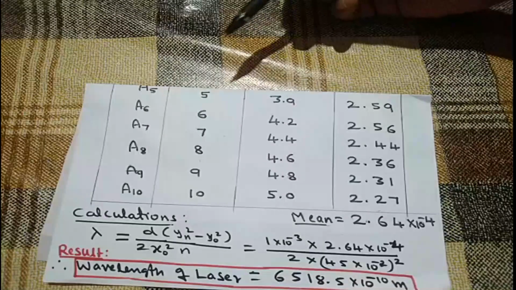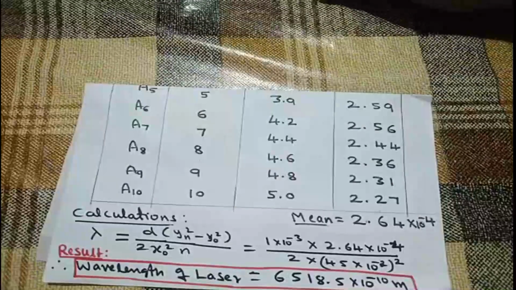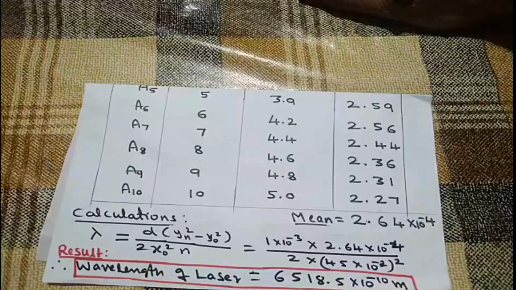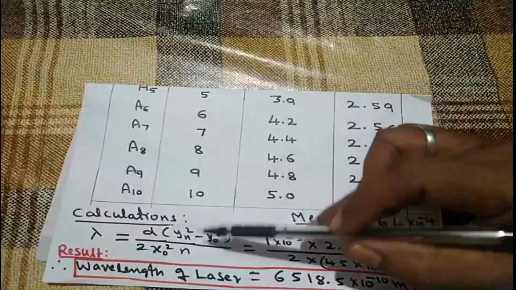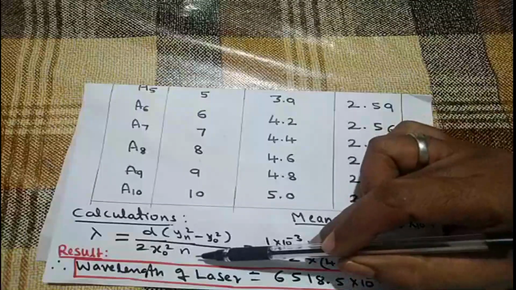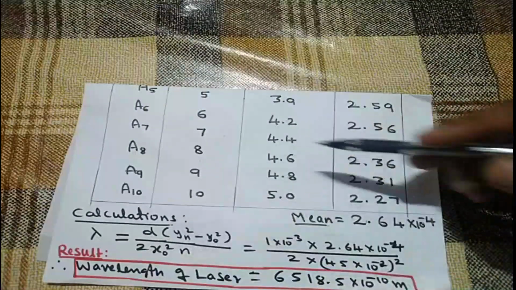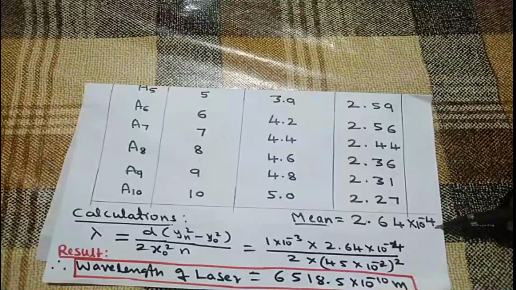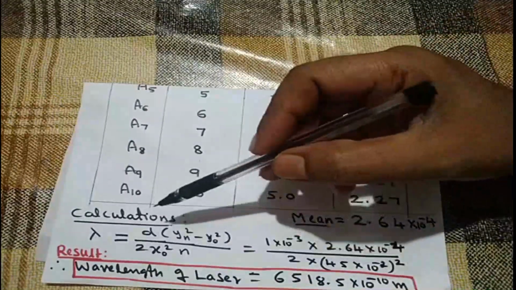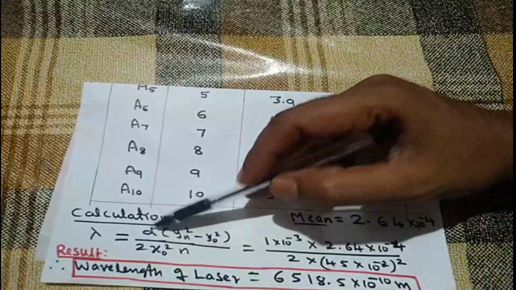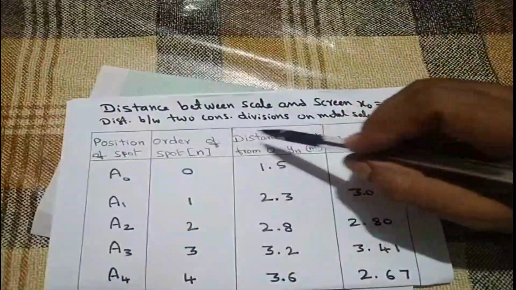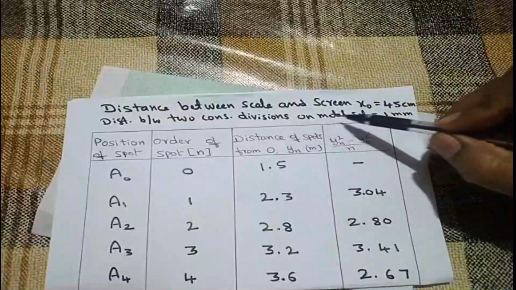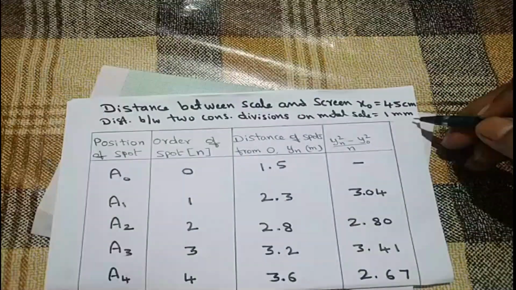Then the main calculation is lambda equal to d into yn square minus y0 square divided by 2 x0 square into n. The part yn square minus y0 square by n is already taken as the mean value, that is 2.64 into 10 to the power of minus 4. Then small d and x0. Small d is the distance between two consecutive divisions on the metal scale, equal to 1 millimeter.